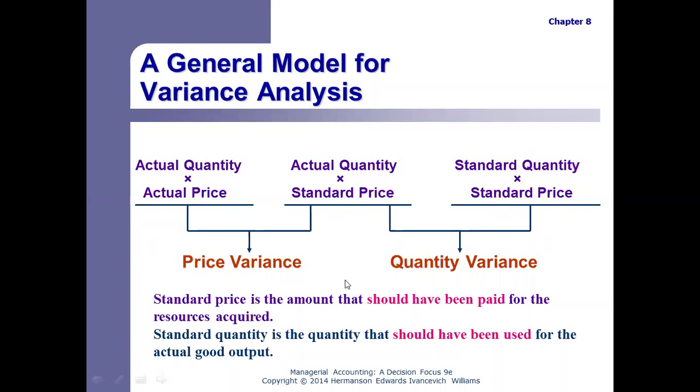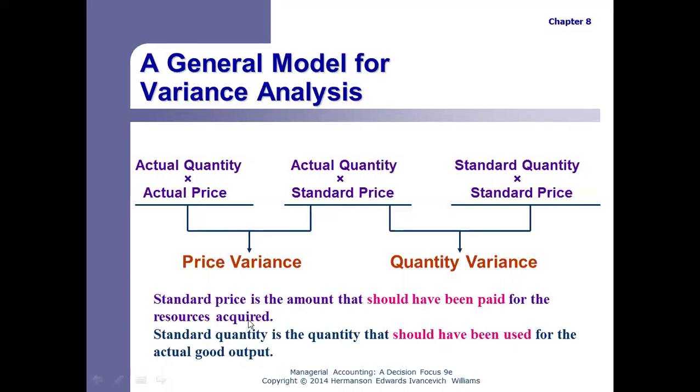And the middle column is always going to be actual quantity times your standard price. So once you have these 3 columns with the 3 numbers in them, the difference between the first column and the middle column is the price variance. The difference between the middle column and the far right column is the quantity variance.